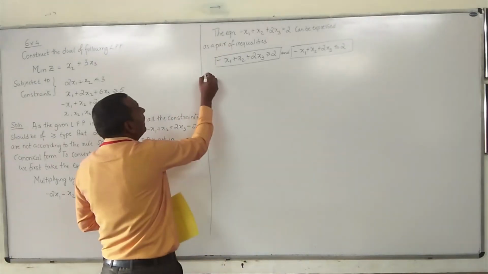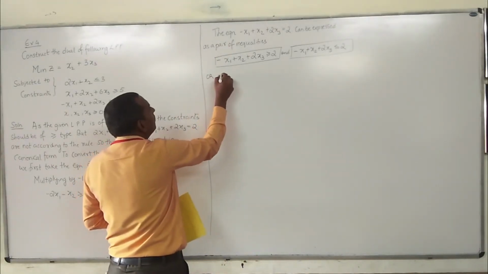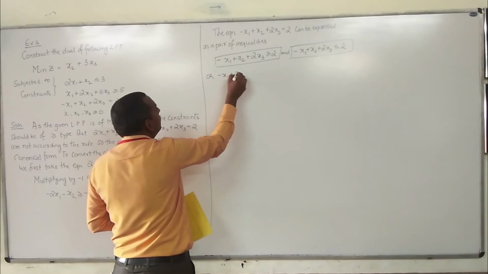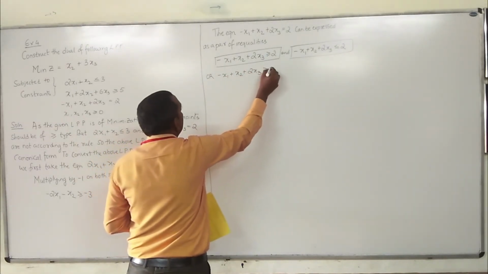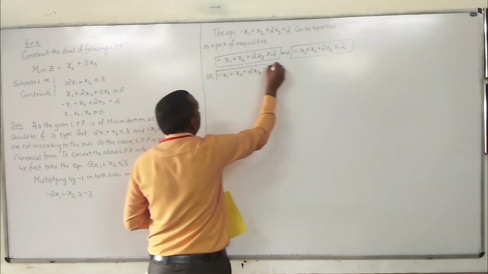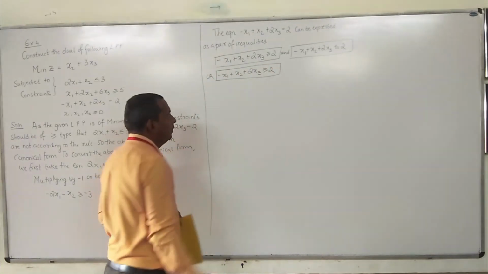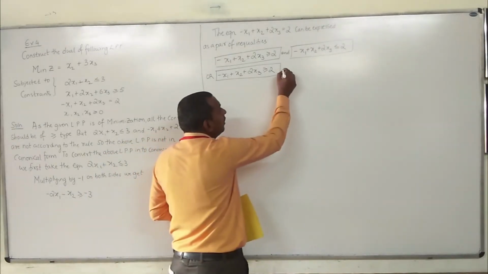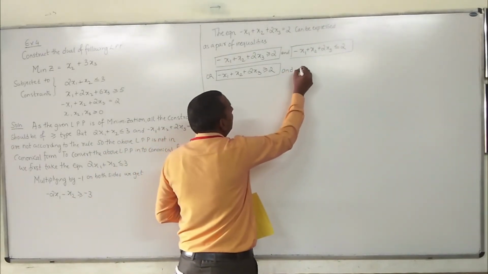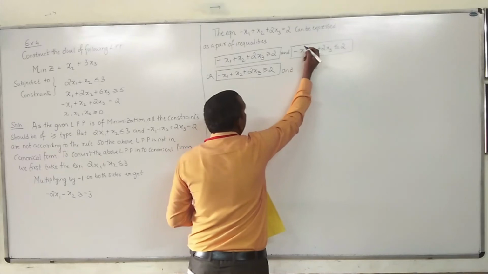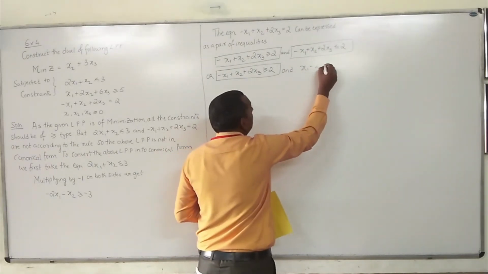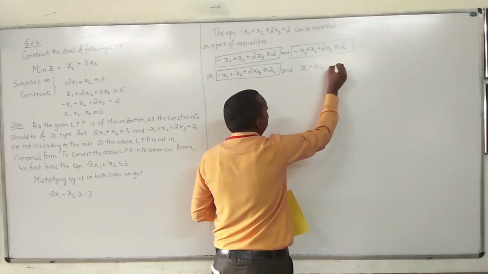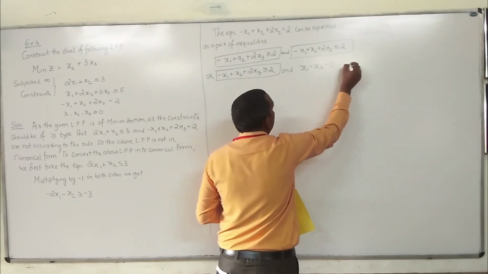Or I can write it again like this: minus x1 plus x2 plus 2x3 greater than or equal to 2, and minus x1, sorry, it is x1 minus x2 minus 2x3 greater than or equal to minus 2.